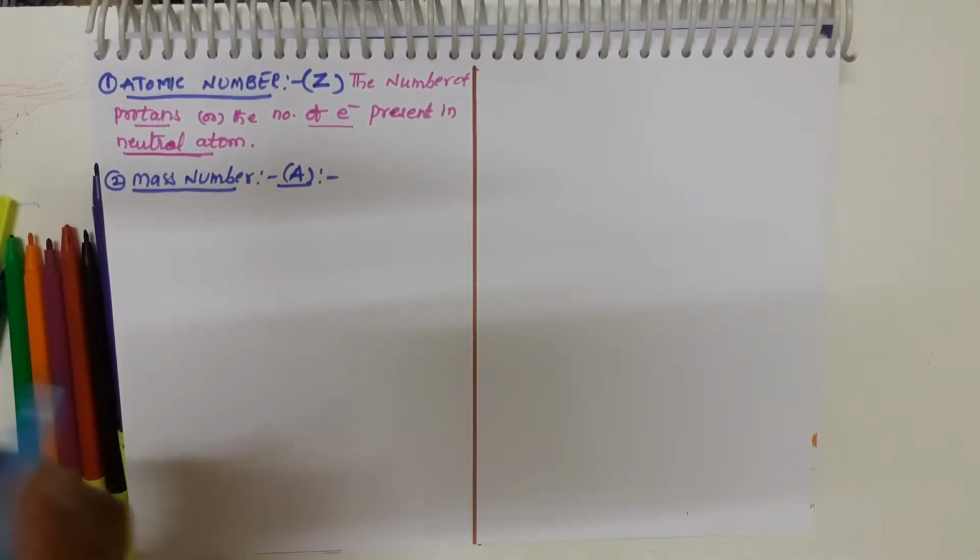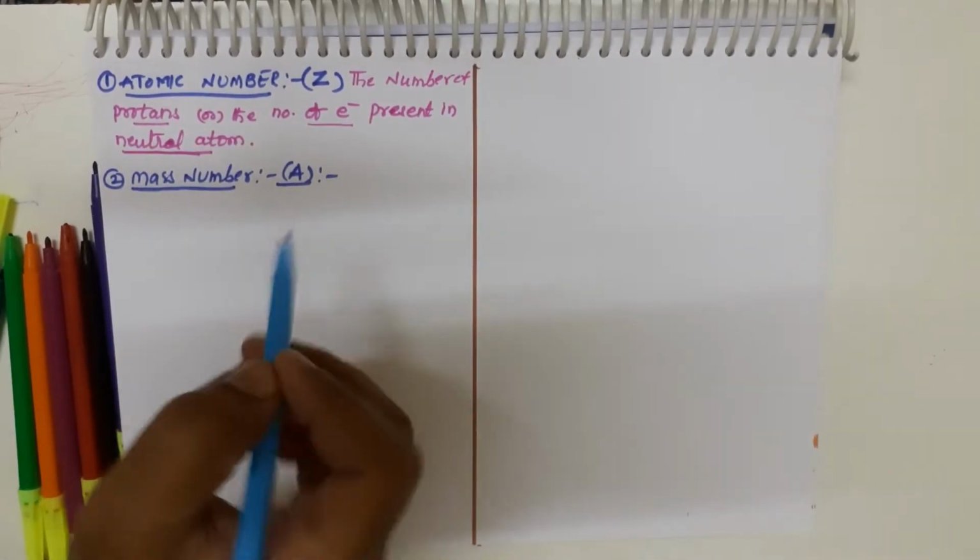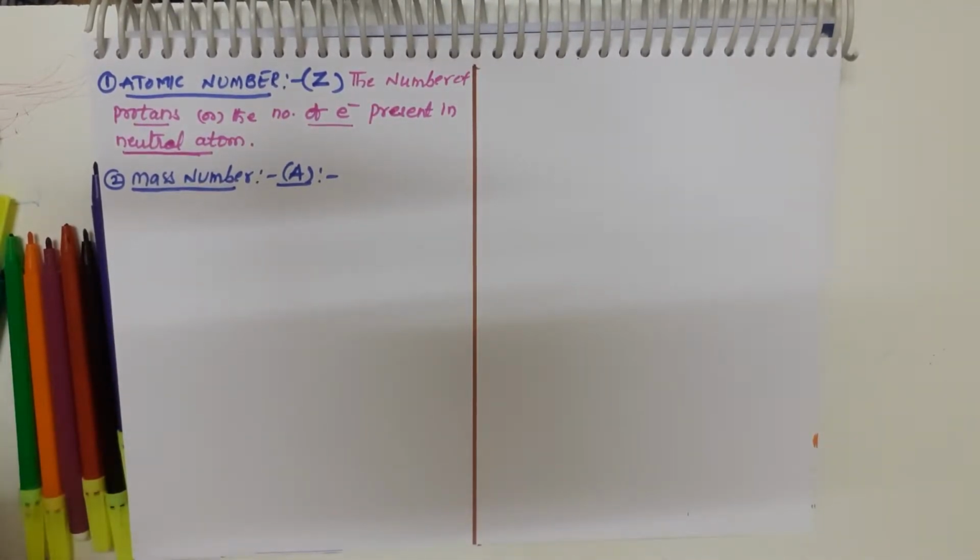We already learned that protons plus neutrons are also called nucleons. So the mass number is also called the nucleon number.